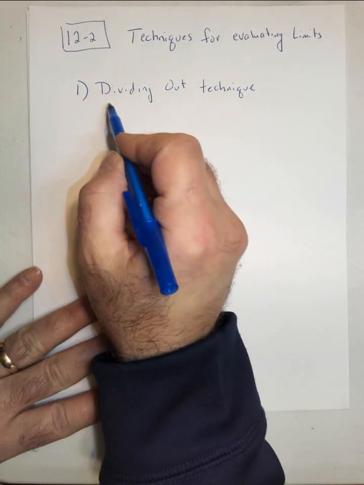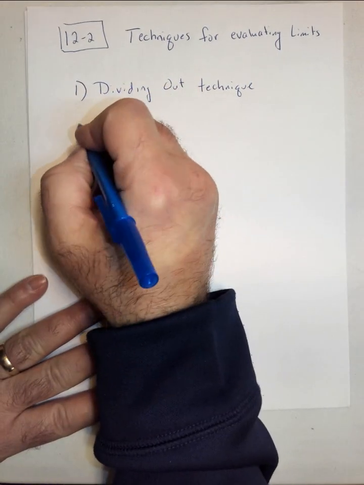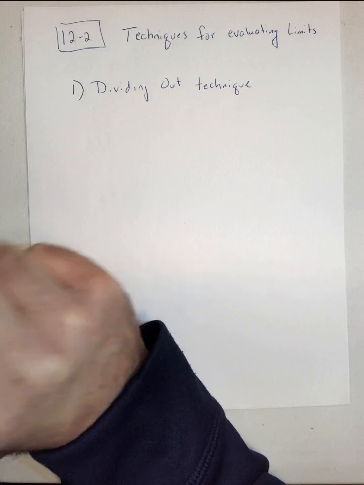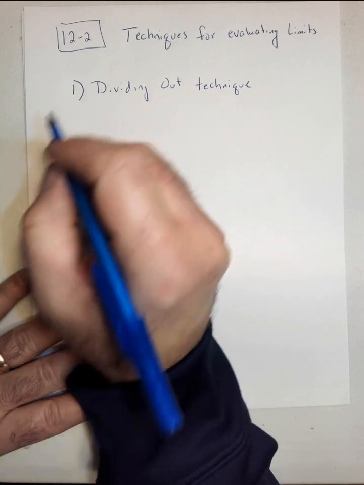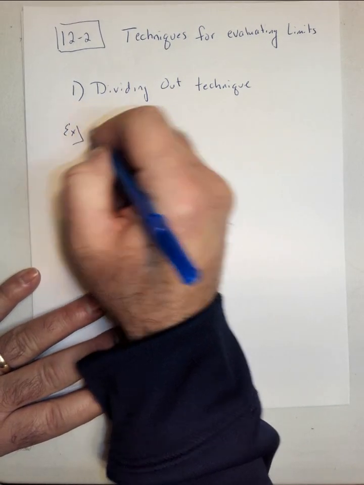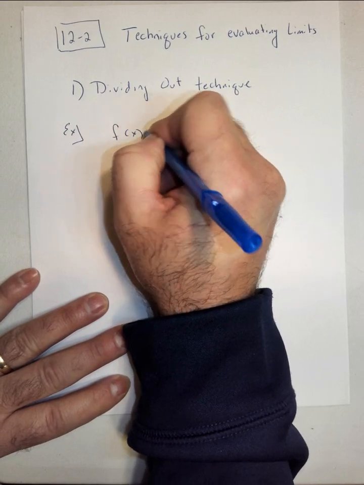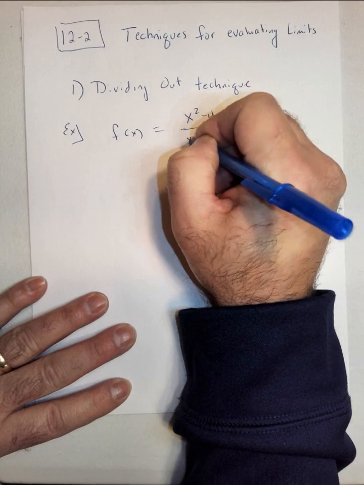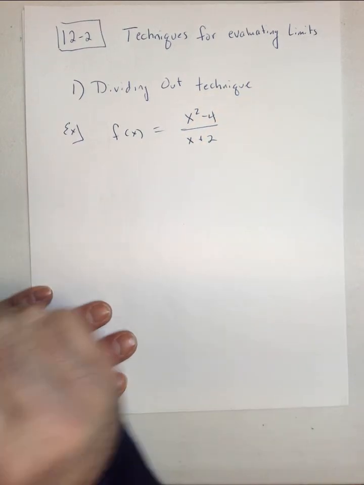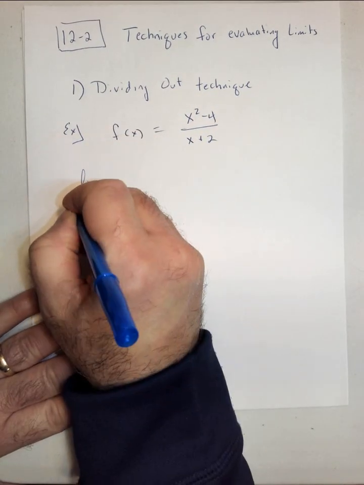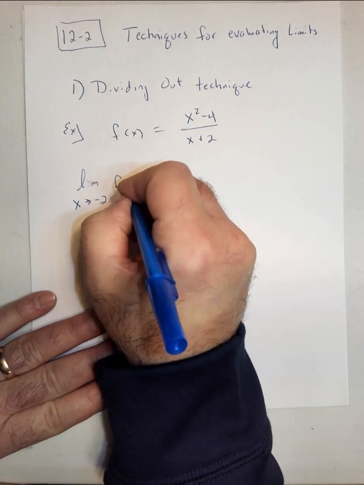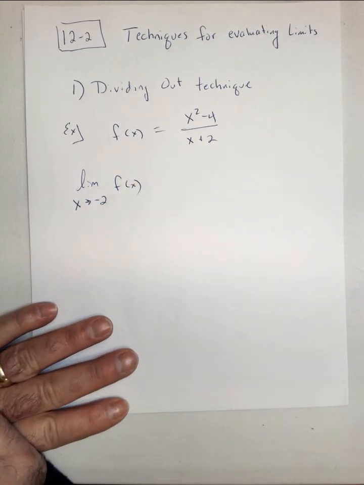But sometimes you get rational functions, so the dividing out technique is exclusively helping you eliminate that hole, getting rid of that hole. For example, let's say we have a function f of x equals x squared minus 4 over x plus 2, and we are looking for the limit as x approaches negative 2 of f of x.